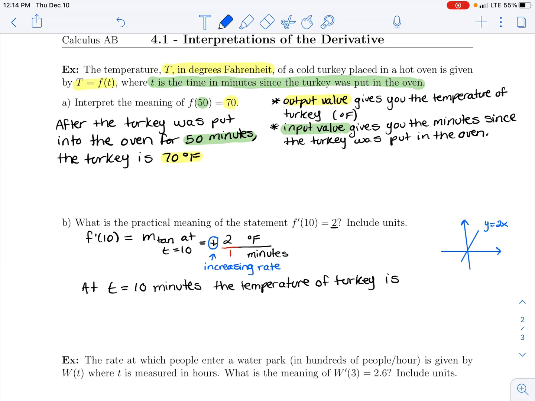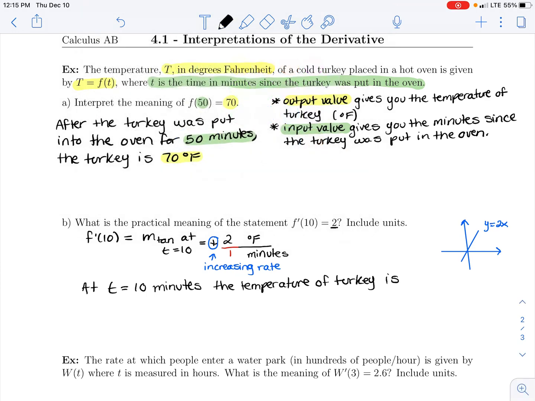Hopefully you would say it's increasing, because reading left to right, what's happening to my y values, or my output values? They're getting bigger. So as x is getting bigger, my output values are getting bigger, which means this would be increasing, like this line here. And so that's giving you an indicator that when the slope of the tangent line is positive, then we're going to have an increasing rate. When the slope of the tangent line is negative, then we're going to have a decreasing rate.